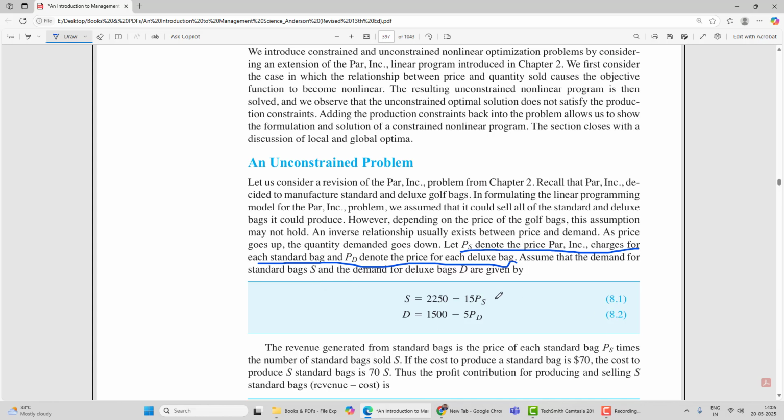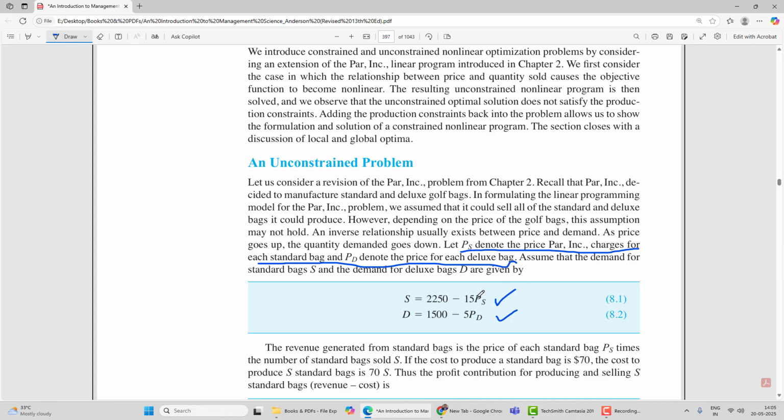So they have established these two equations, which we are going to use for S and D. S, our demand for standard bags, is 2250 minus 15 times PS, the price of standard bag. D, the demand for deluxe bags, is equal to 1500 minus 5 times the price for deluxe bag. So these two equations they have already given us.